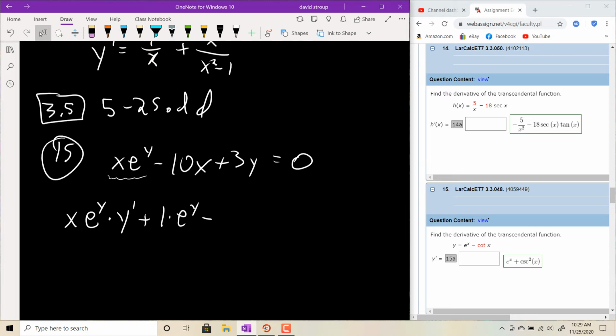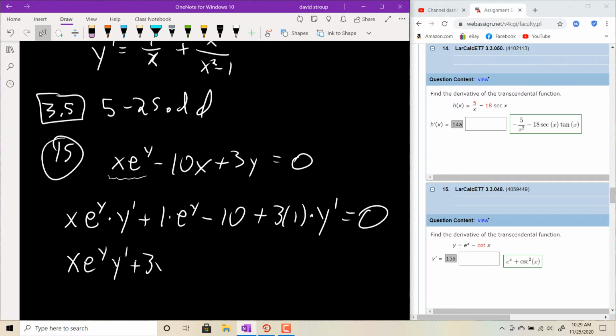Then minus the derivative of 10x is just negative 10. And then plus the derivative of 3y is 3, derivative of y is 1, but then you always have to tack on y prime. Okay. Then I want to get all the y prime stuff together. So x e to the y y prime, plus 3y prime equals 10 minus e to the y.